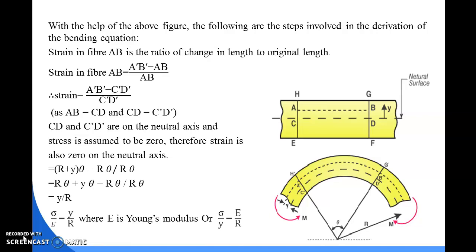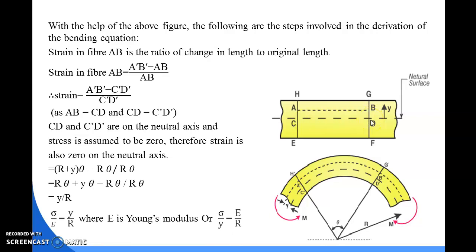So in the last class, we derived the equation of bending up to the strain in fiber. Here you can see the strip AB length is equal to the neutral axis line CD.